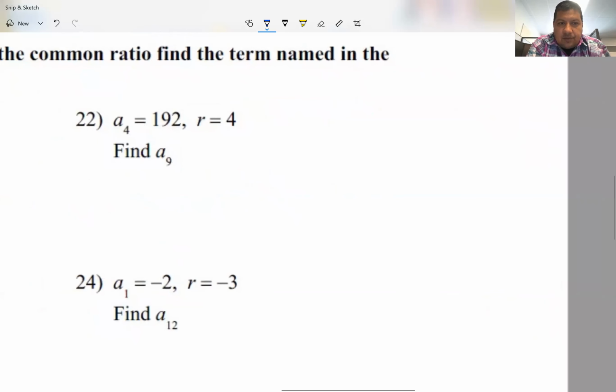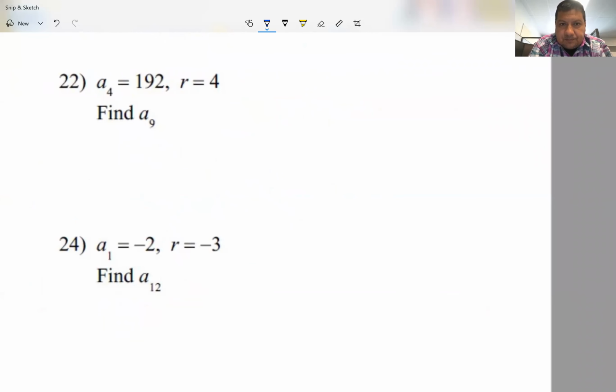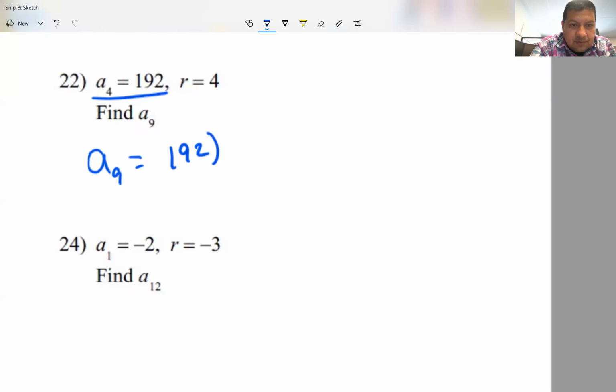Let's take a look at number 22. I'm finding A of 9, the 9th number in the list. I don't have the first number. I'm giving you a number, 192. I'm going to use parentheses, even though it's not negative. That's the 4th number on the list. To be honest, we don't need to know the first number.